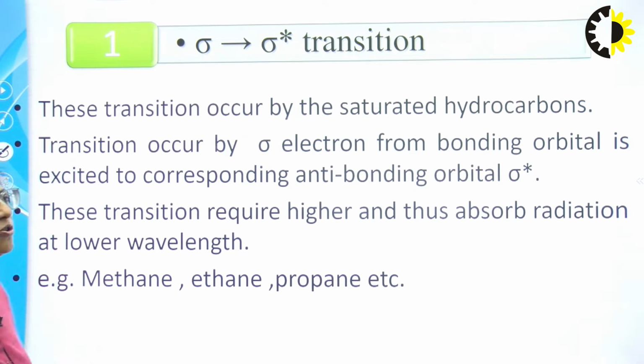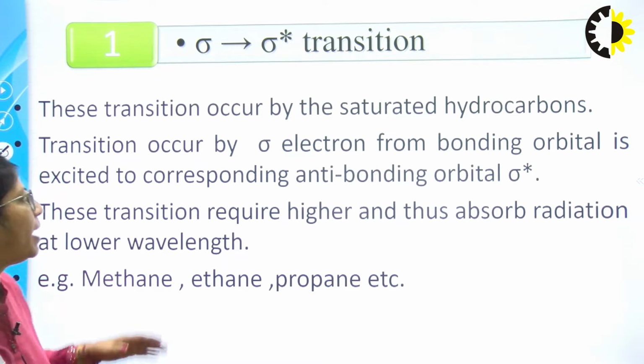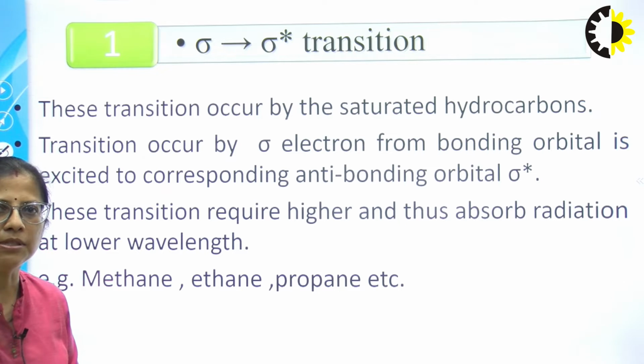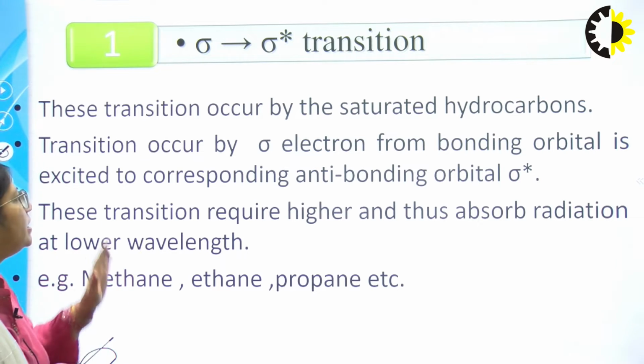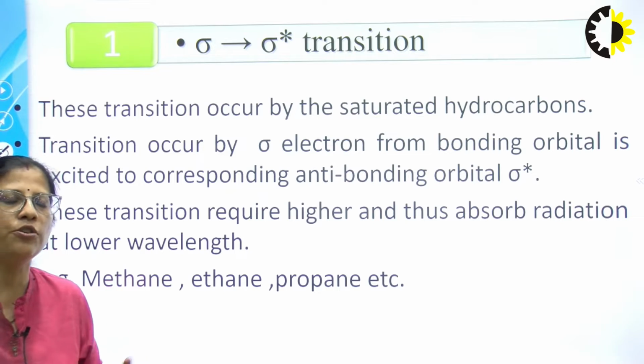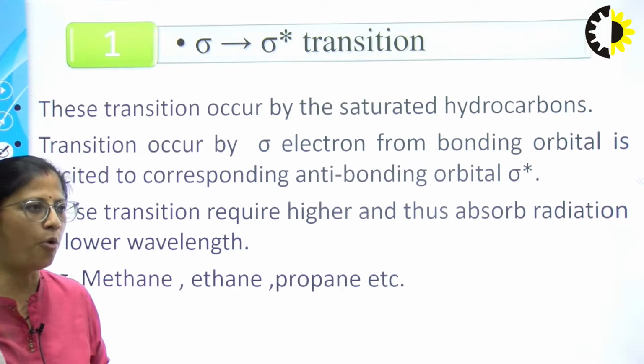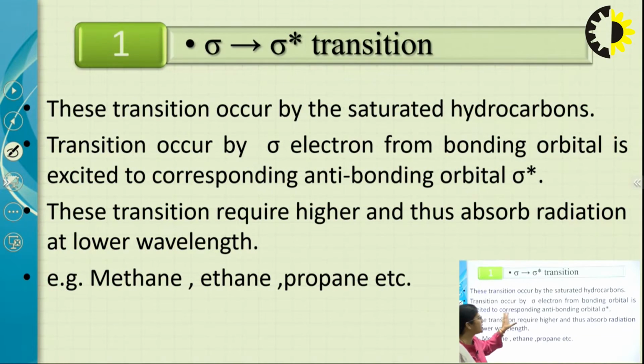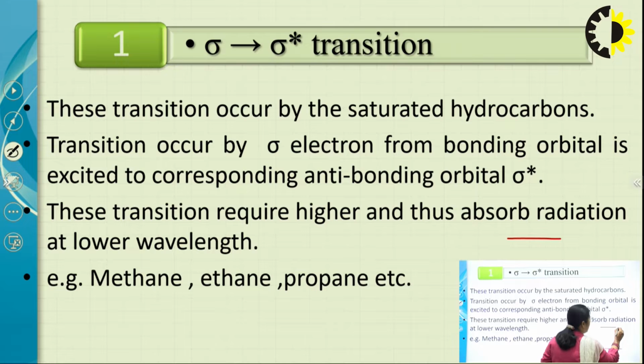Now, these transitions are generally shown by the saturated hydrocarbons, and they occur by the transition of a sigma electron from its bonding orbital to the excited anti-bonding sigma star orbital. As you can see, this is the sigma bonding and this is the sigma star, which is anti-bonding.